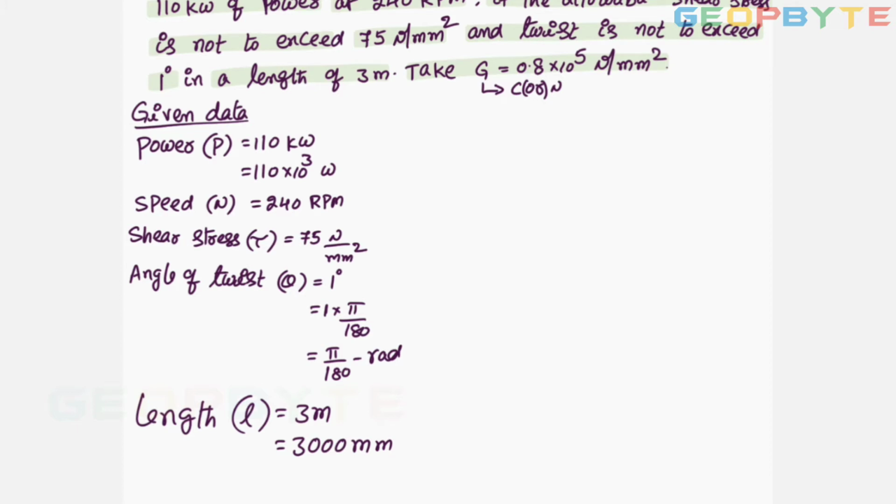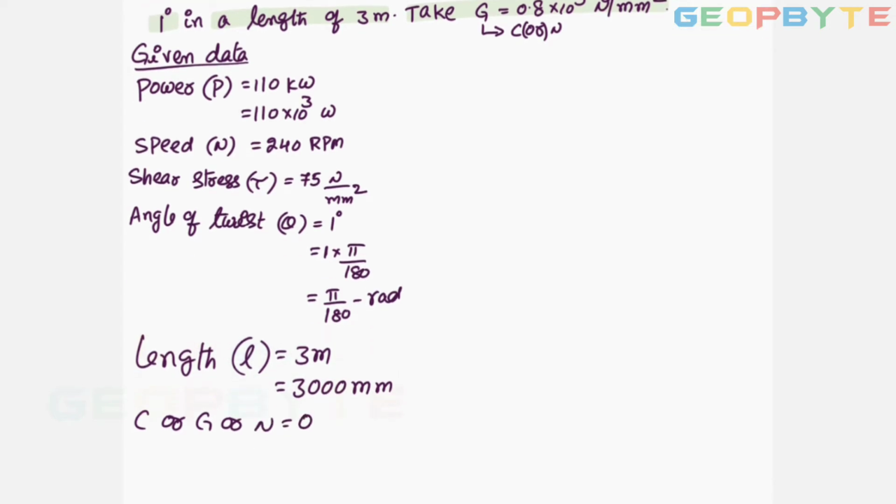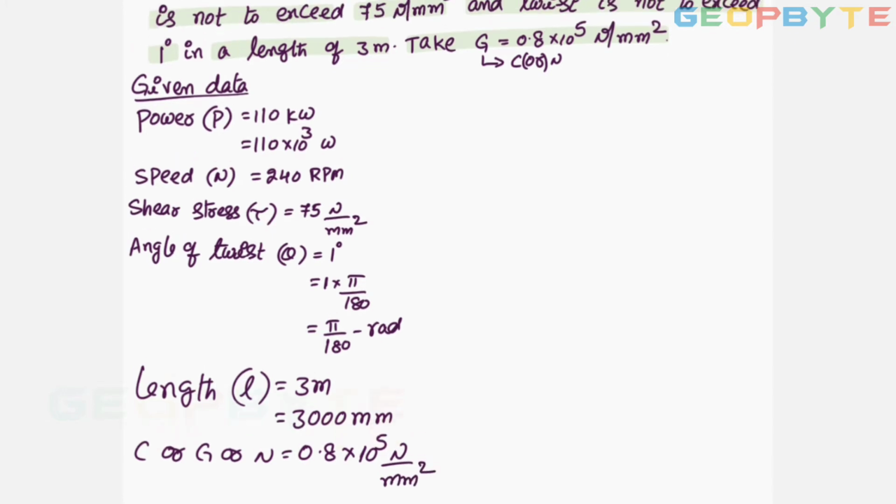Take shear modulus, denoted by either C or G or N. It is equal to 0.8 into 10 power 5 Newton per millimeter square.